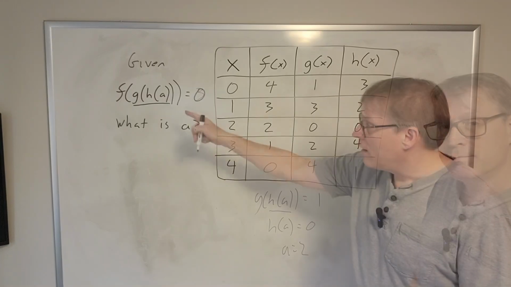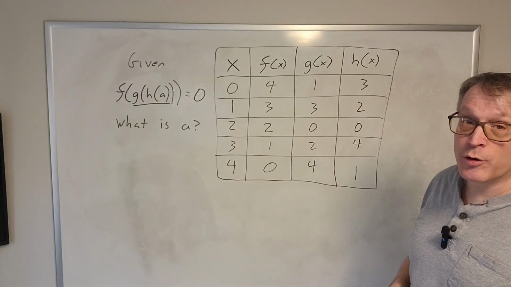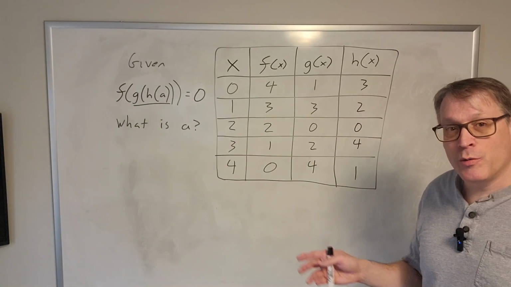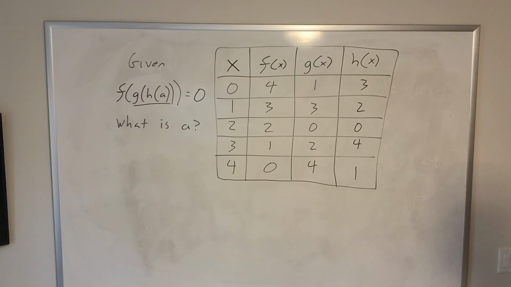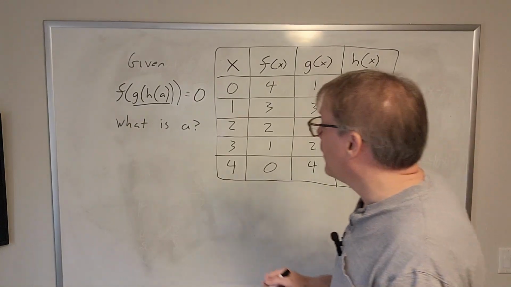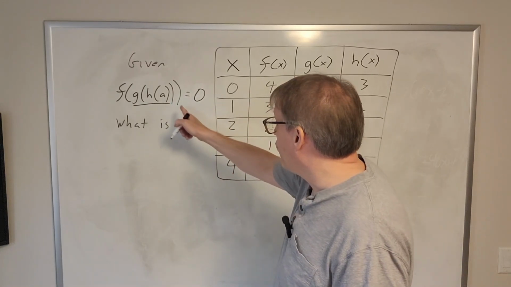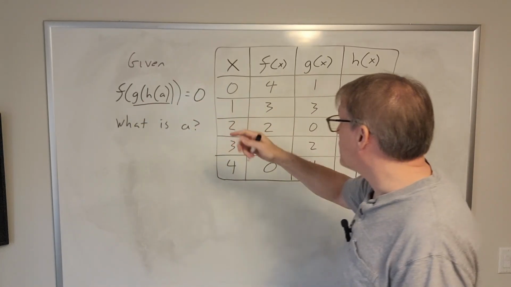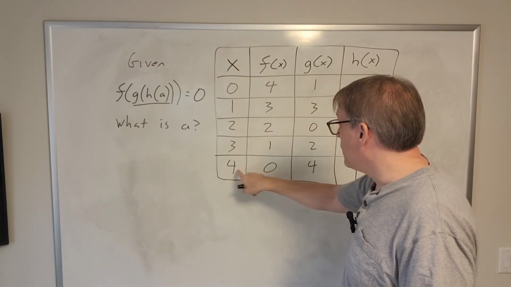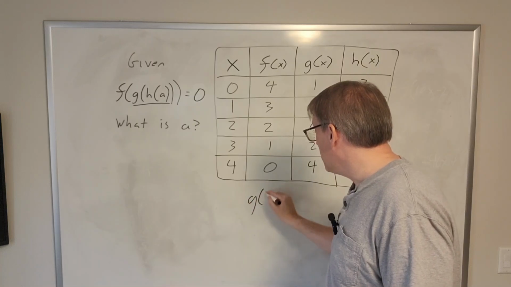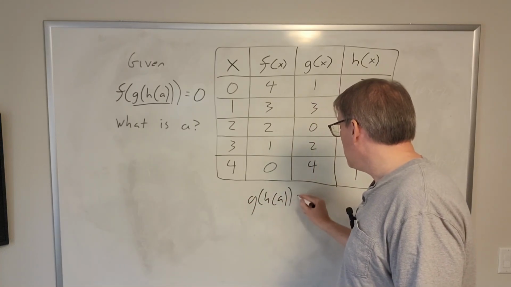You try this one. f of g of h of a equals 0. What is a? Pause the video, unpause when you're ready. All right. g of h of a, what does that have to be for f to be 0? The only thing it can be is 4. That means g of h of a equals 4.